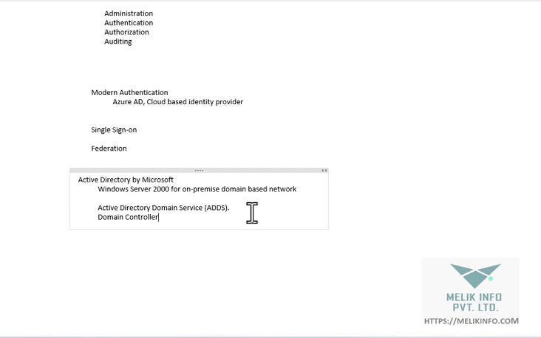Point to note: ADDS does not support mobile devices. Not only mobile devices, what about software as a service applications?